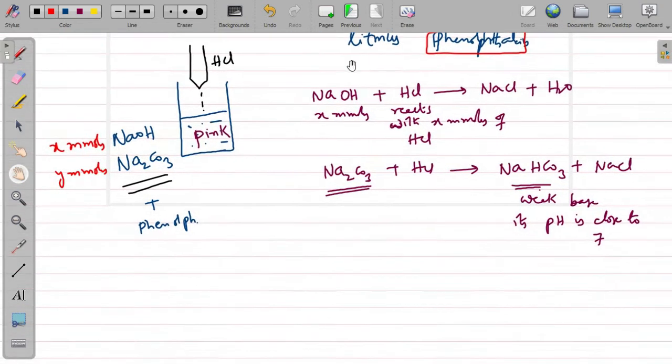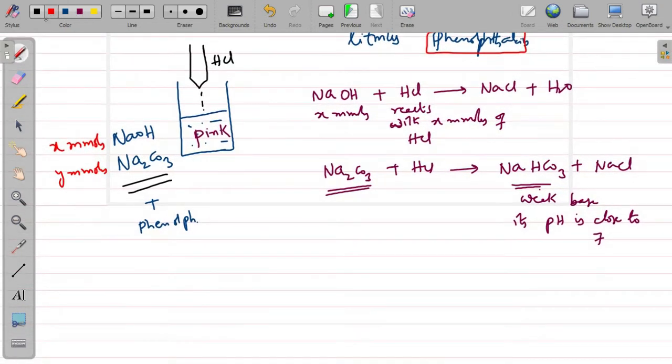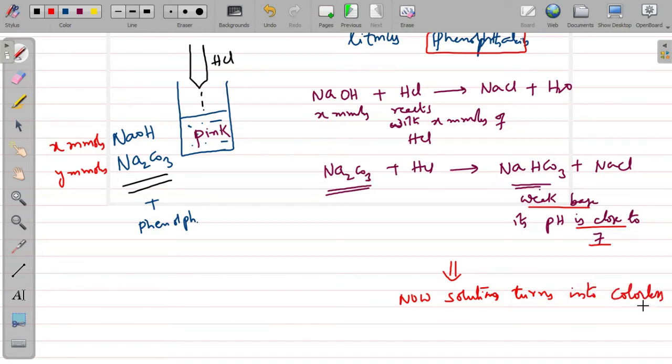So since it is a weak base and the pH is close to 7, phenolphthalein treats it as an acid and it will show a colorless solution. We started with pink color, but now it has turned into a colorless solution.